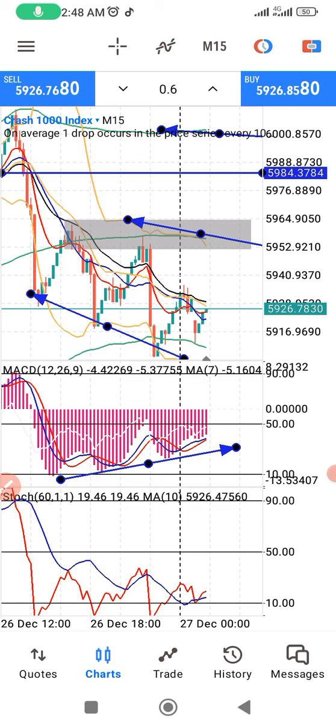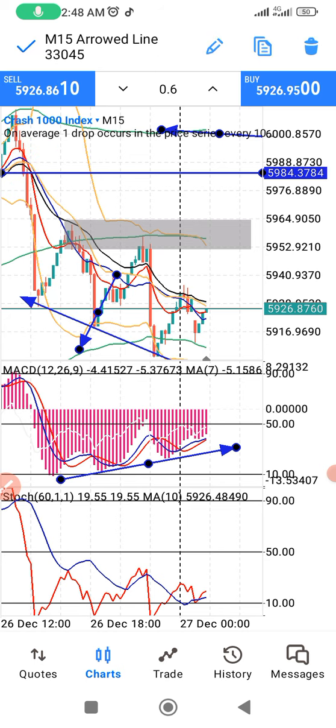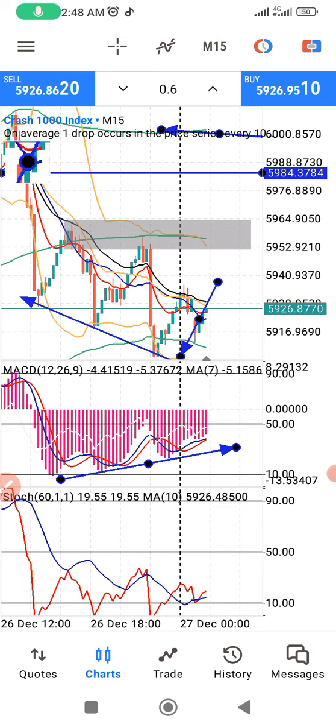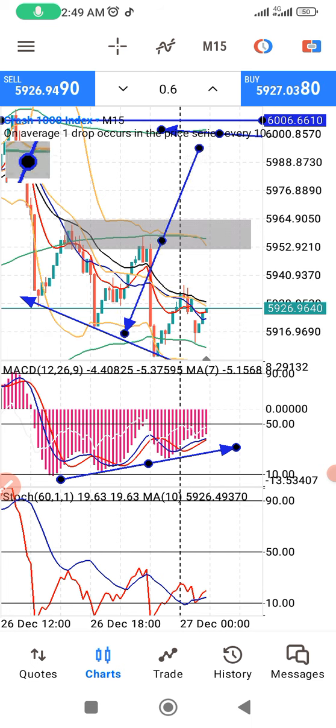So there is a tendency that from here now, we are about to take this price from this zone and then to the upside. So we are looking forward to a buy from here, at least into this shaded portion.